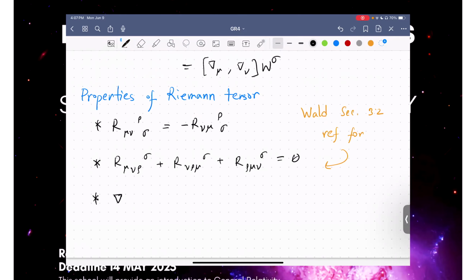Another identity. So actually, let me introduce a notation. This same equation, you will see it also written as follows. Okay. So what this means is anti-symmetrization with respect to these indices. So it literally means you write down all of the permutations of these indices. So there are three, so there are six permutations.